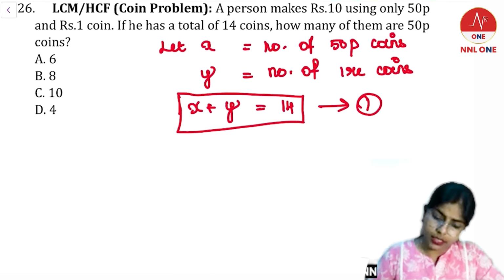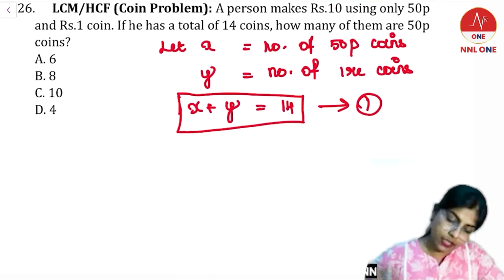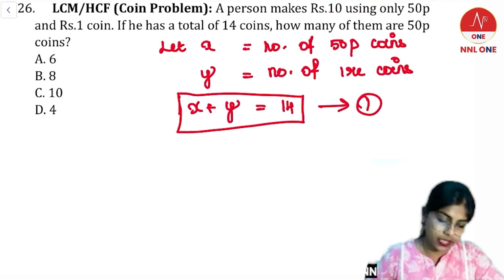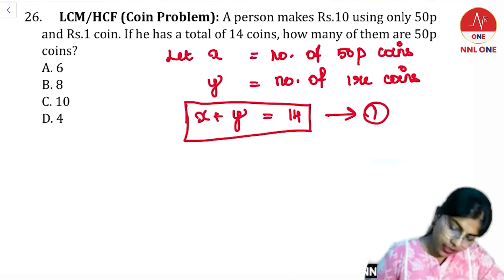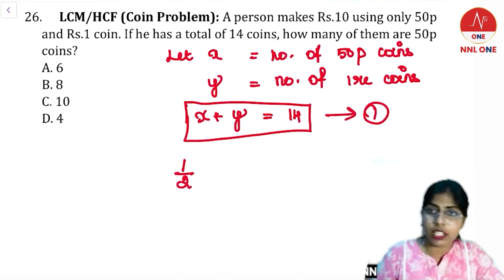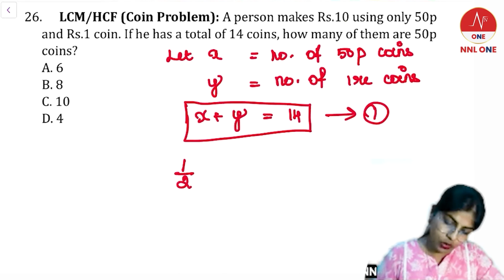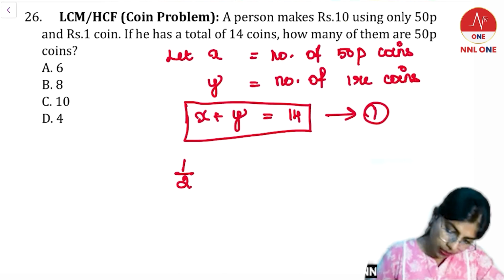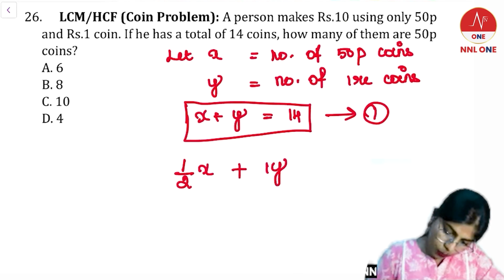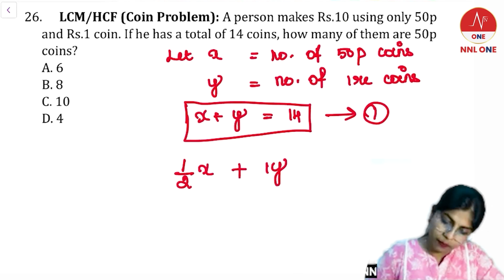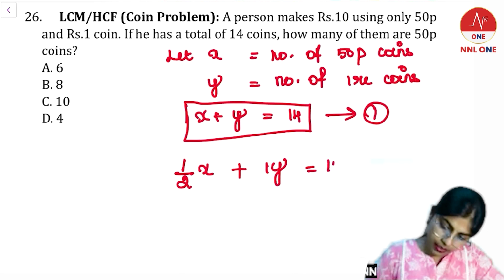A person makes rupees 10 using only 50 paise and rupee 1 coins. Now 50 paise can be written as 1 by 2. Half of 1 rupee is 50 paise. So 1 by 2 for the 50 paise coins, which is x, plus 1 y, since the 1 rupee coins are just y. How much does the person make? He makes 10.